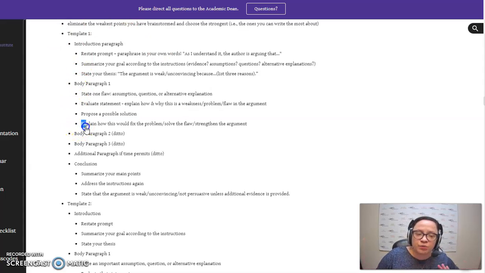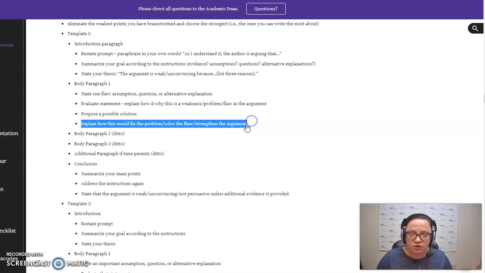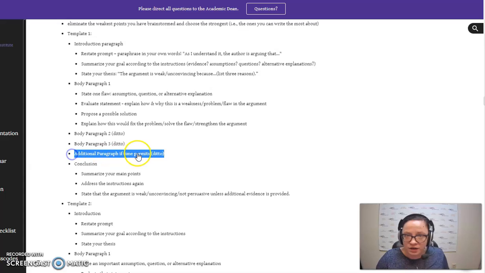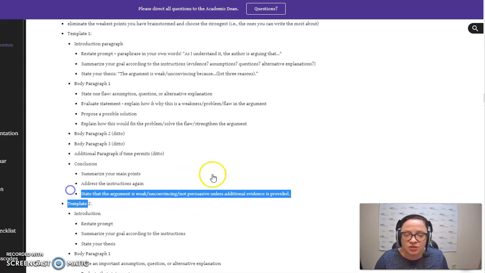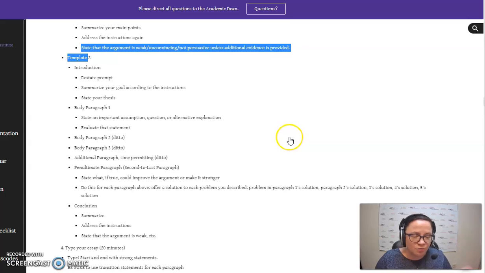And then you would provide some explanation about how this information fixes the problem, solves the flaw, or strengthens the argument. And you do this for at least two more paragraphs and an additional paragraph if time permits. Your conclusion then is to summarize the main points, address the instructions, and then again restate additional evidence is needed. I'm running short on time.